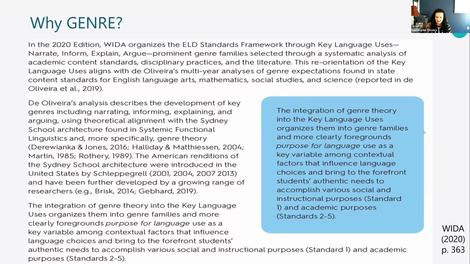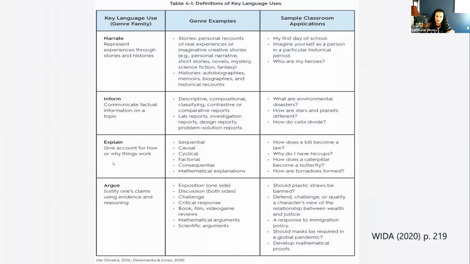So the integration of genre theory into this notion of key language uses organizes them as genre families. We go into a lot more detail when we talk about genre or genres.